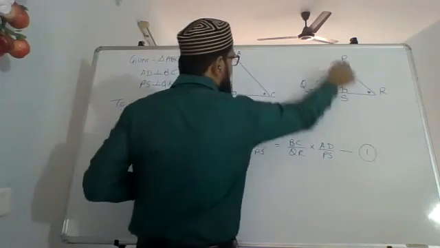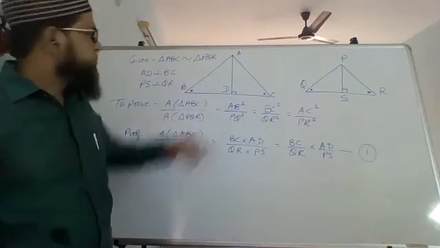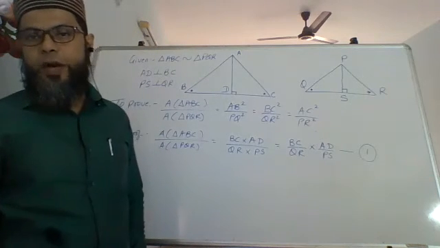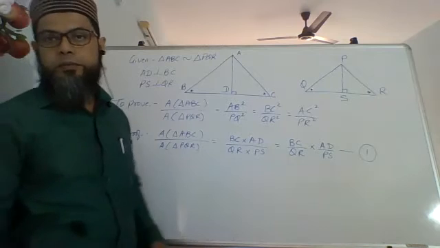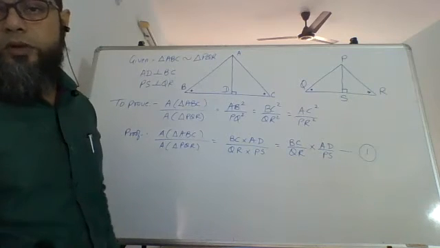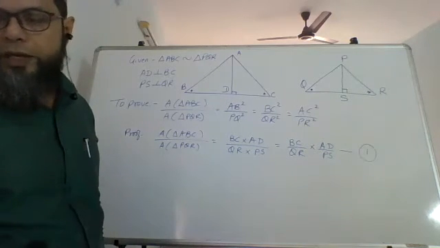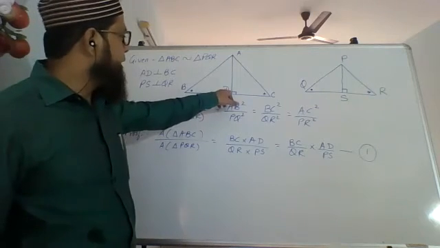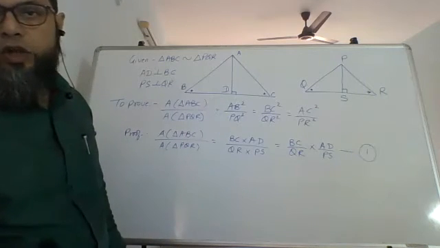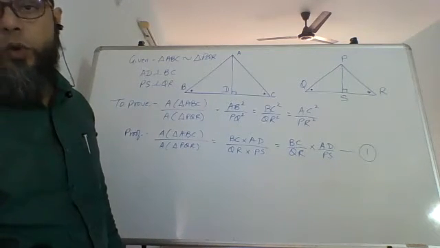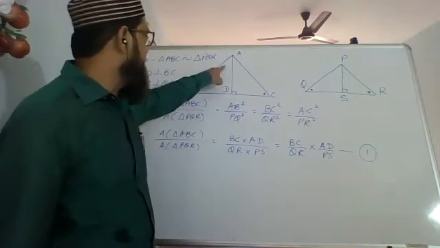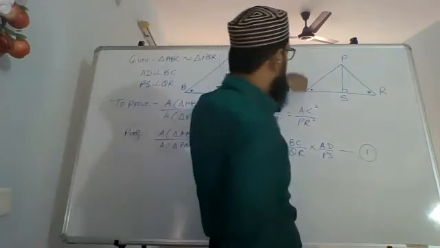In both the triangles, you will see angle B is equal to angle Q. And angle D is 90 degrees. Angle S is also 90 degrees. So two angles equal. If two angles are equal, then the triangles are similar. So I'll get triangle ABD similar to triangle PQS.